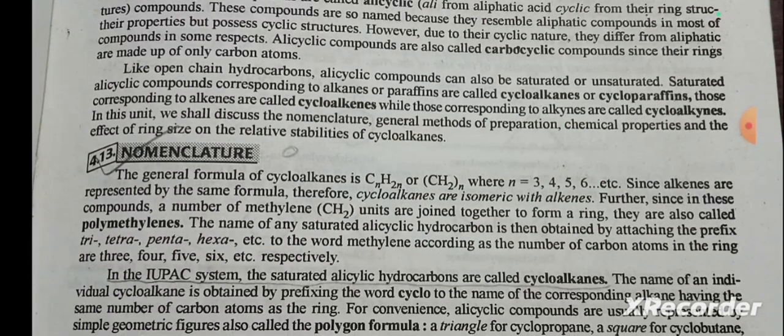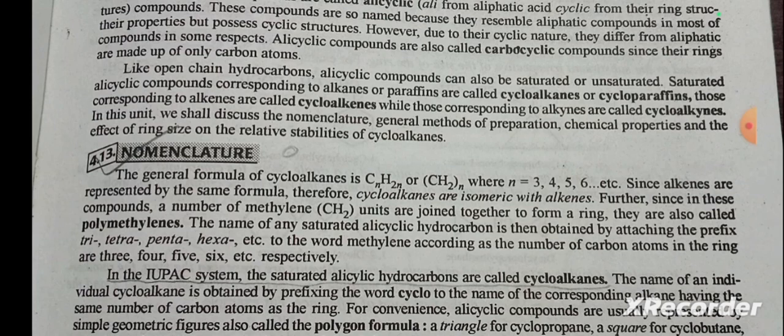Like open chain hydrocarbons, alicyclic compounds can also be saturated or unsaturated. Saturated alicyclic compounds corresponding to alkanes or paraffins are called cycloalkanes, for example cyclopropane.